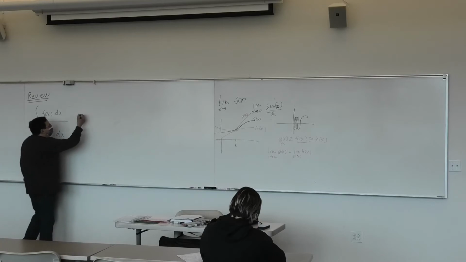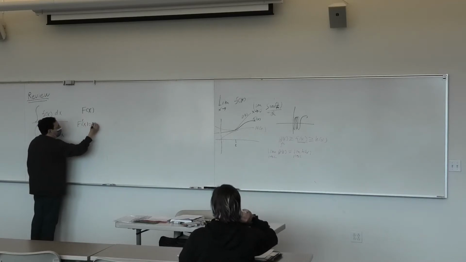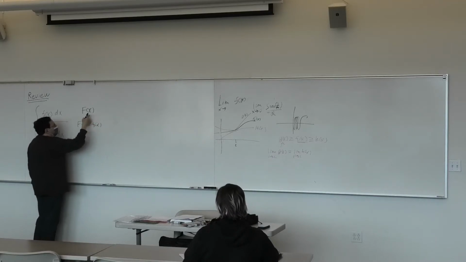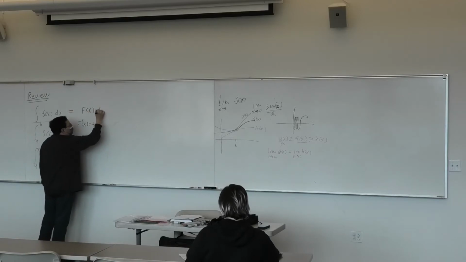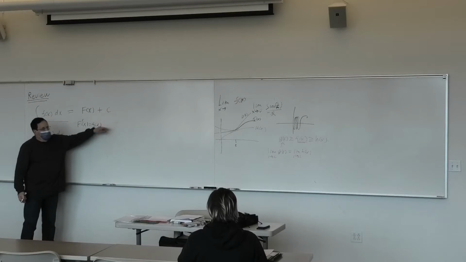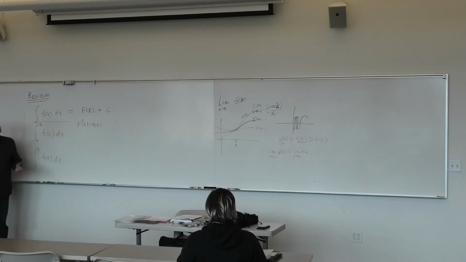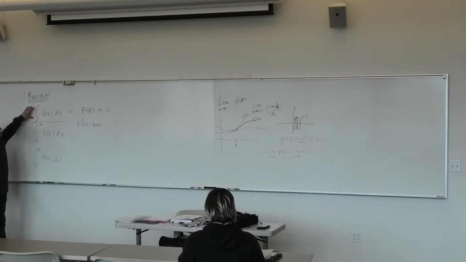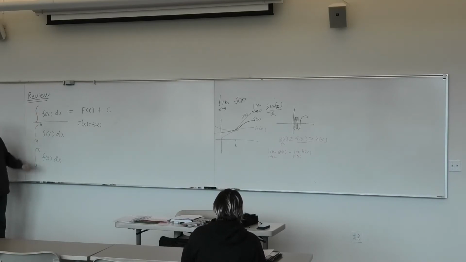If we have some function F of x such that the derivative of F of x is equal to f of x, then this is our antiderivative plus some constant. Which is to say that this doesn't represent a function. It represents a family of functions.